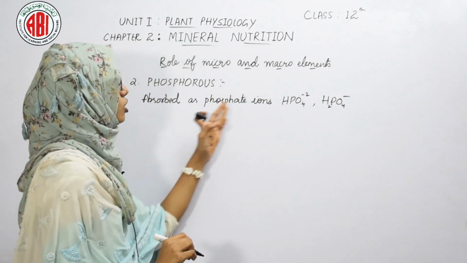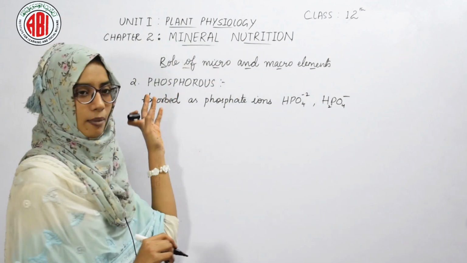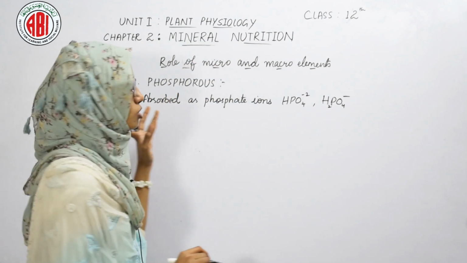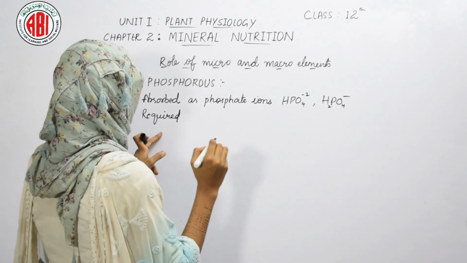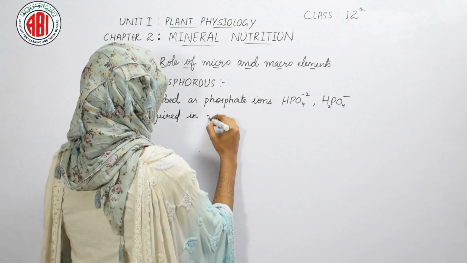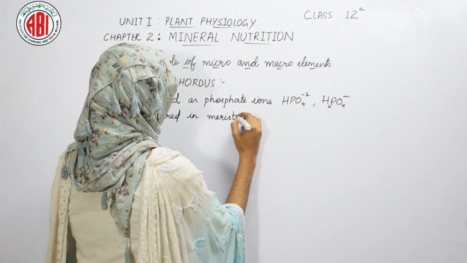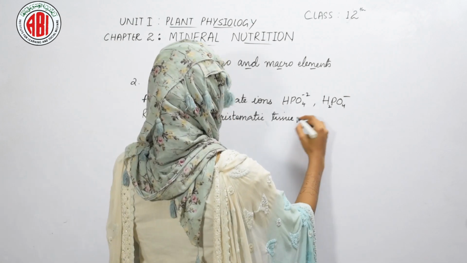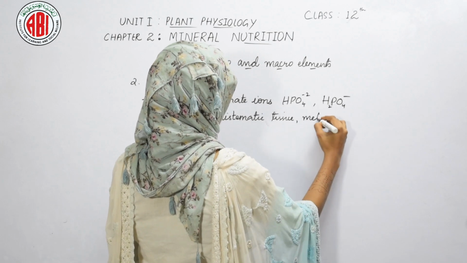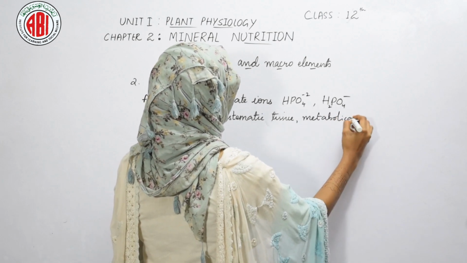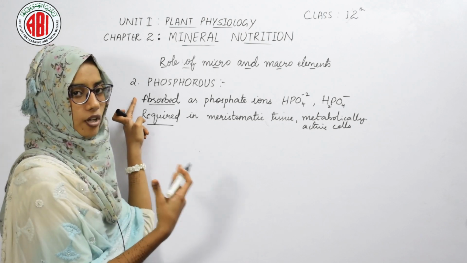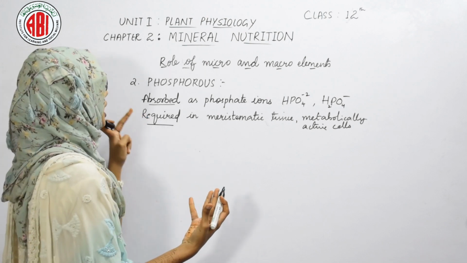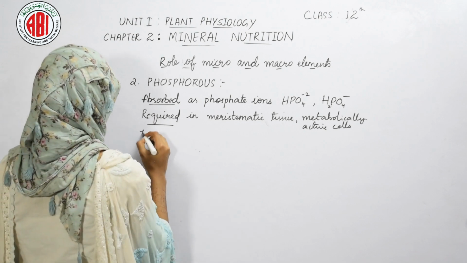So these are the phosphate ions absorbed by the plants from the soil, and this phosphorus element is required in meristematic tissues, and again it is required in metabolically active cells. So we have seen in which form it is absorbed and where it is required.